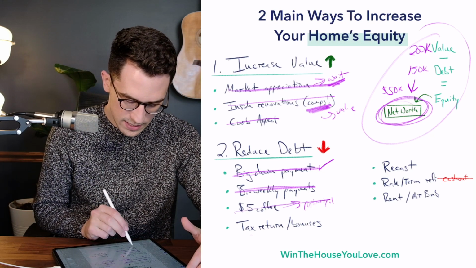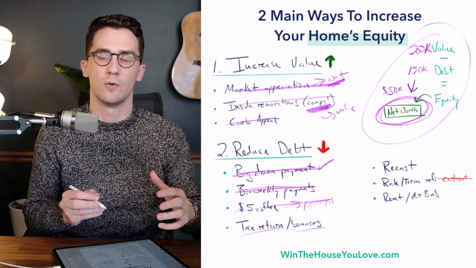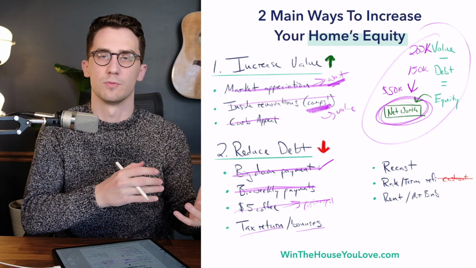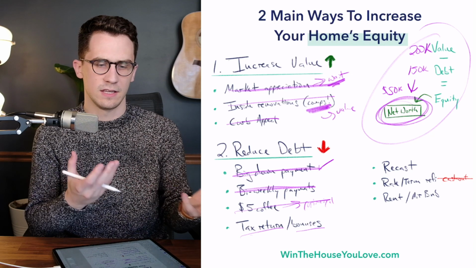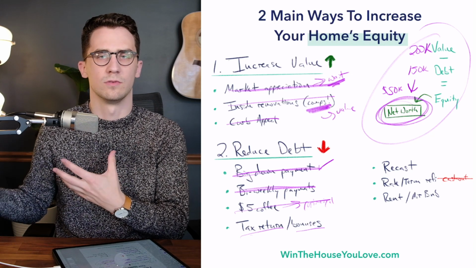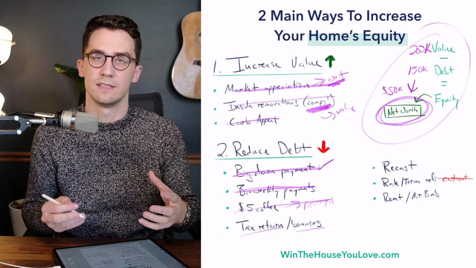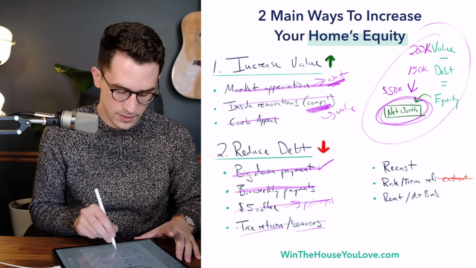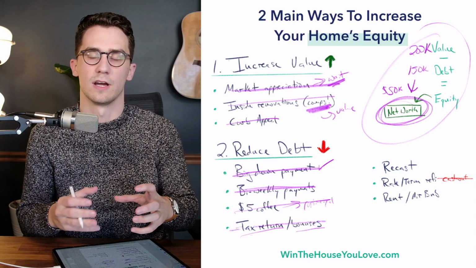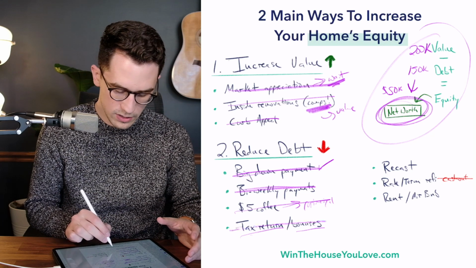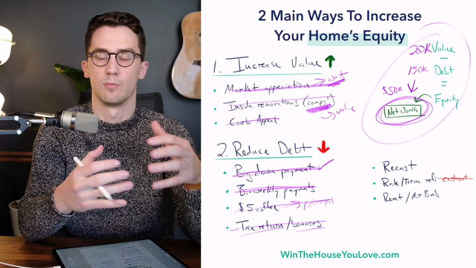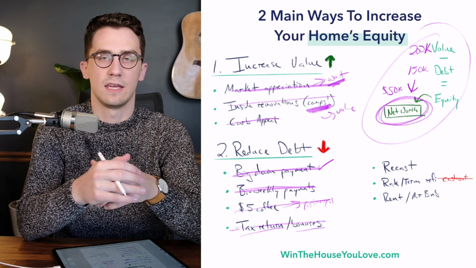Something else you could do is take your tax return or any bonuses and put that into your mortgage principal. So instead of taking tax returns and going and spending it on whatever else, you could use it as an investment in your property. So with all of these debt reduction ideas, you really want to make sure that you're putting money on the principal of the mortgage and not the interest, okay?